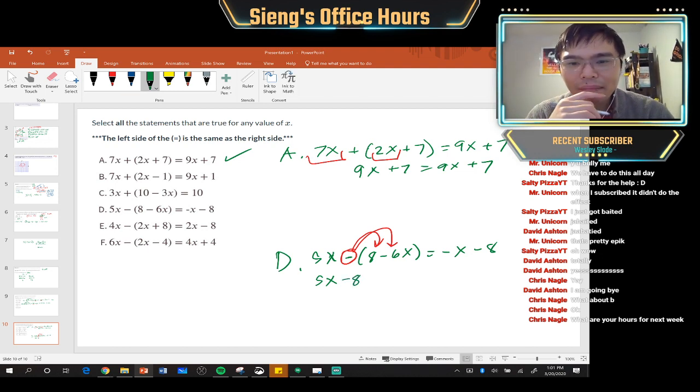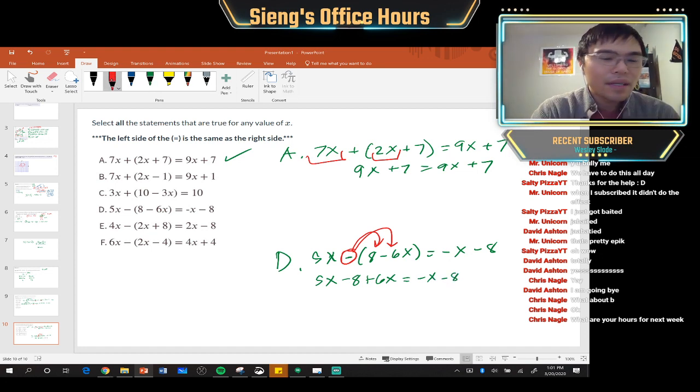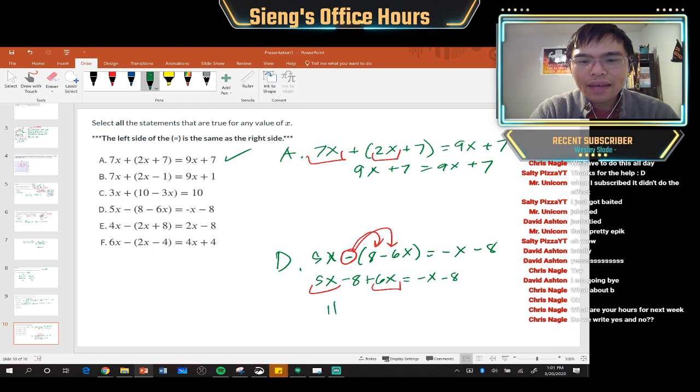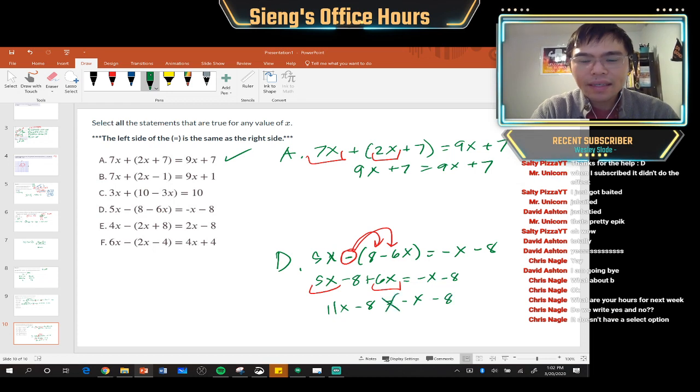I put that in with that minus 6x. Negative negative is going to make me plus 6x. And that's equal to negative x minus 8. I got to combine my x's. So looking at this, I have 11x minus 8, okay? So that does not equal minus x minus 8.